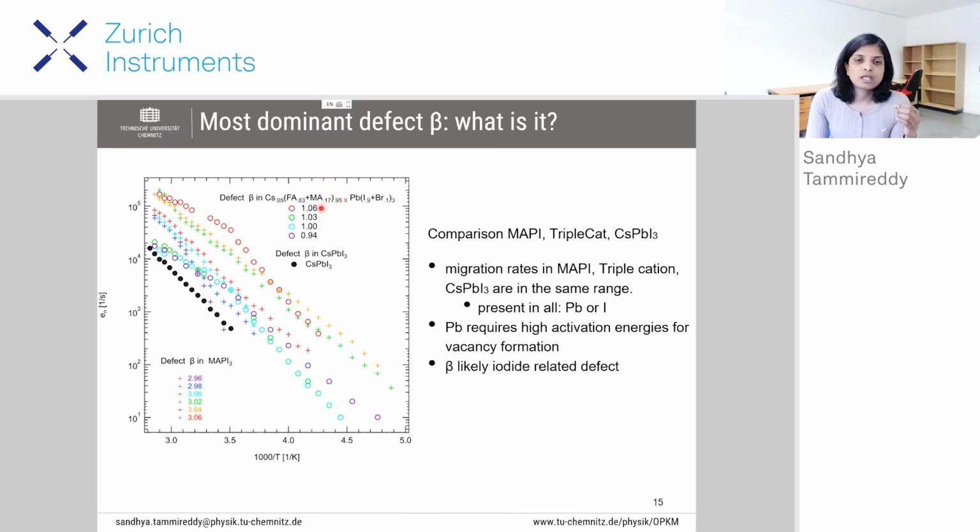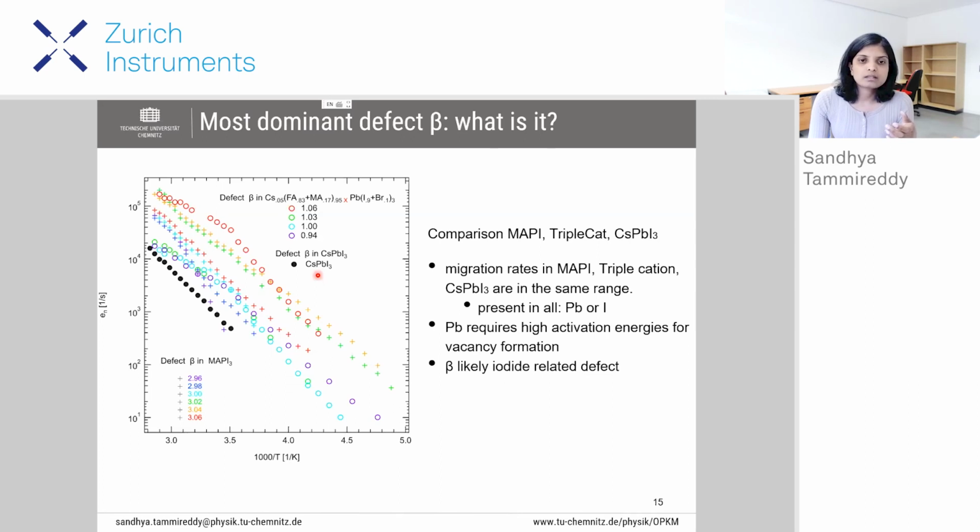So in order to eliminate at least the organic part of the composition, we measured cesium lead iodide, which is a completely inorganic composition. And what we saw was this defect seems to be also present in cesium lead iodide. That indicates that whatever defect we're observing seems to be present in all three types of perovskites, leaving us with the possibility of the defect being lead or iodide.